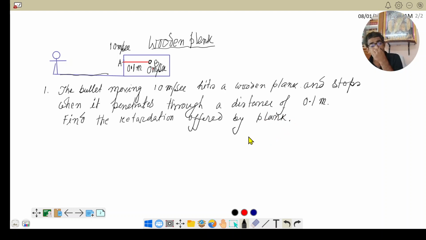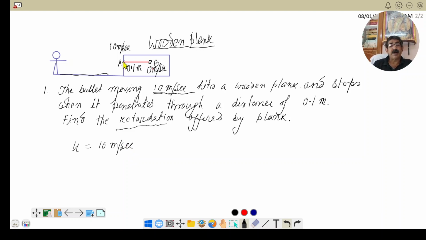That means you have to calculate the retardation. Retardation means A. So we have been given some data: initial velocity, u is equal to 10 meter per second.